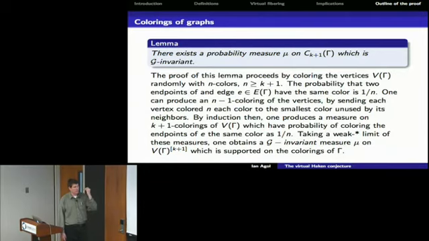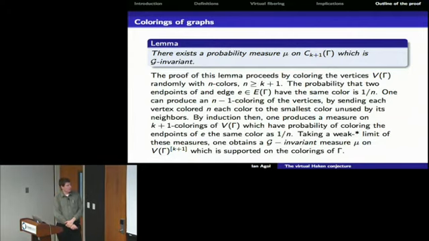There's a map from the n colorings to the n-1 colorings given by this map, and I just push forward the measure, and I get a measure on the n-1 colorings of the vertices. Now this is a coloring of the vertices, not of the graph, because it might violate the graph coloring condition. Then by induction, you can produce a measure on the k+1 colorings of the vertices where the probability that the endpoints of an edge E have the same color is 1 over n.